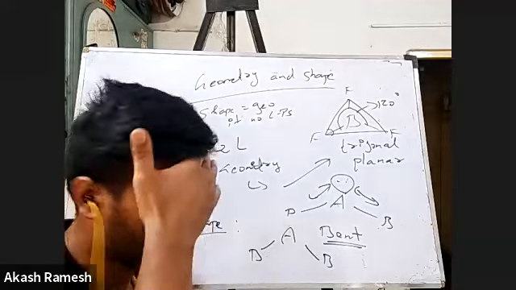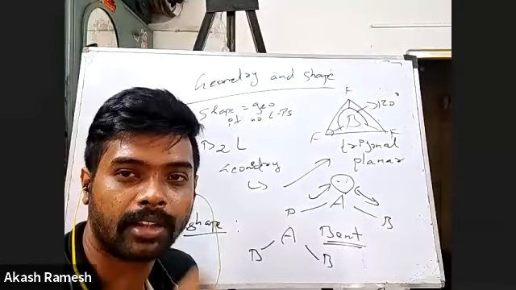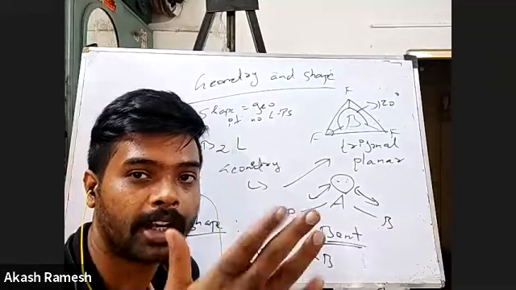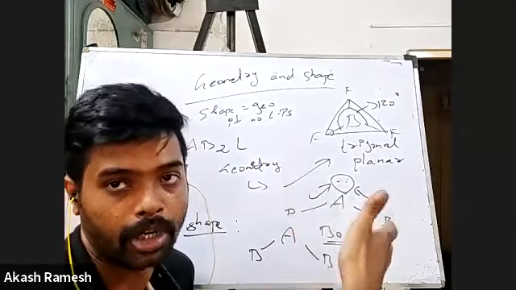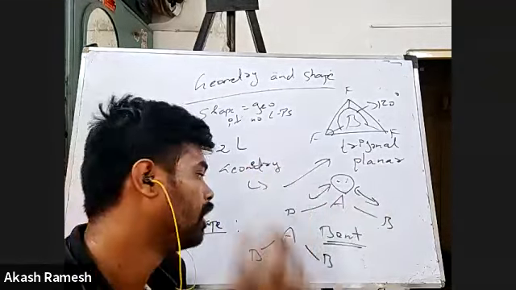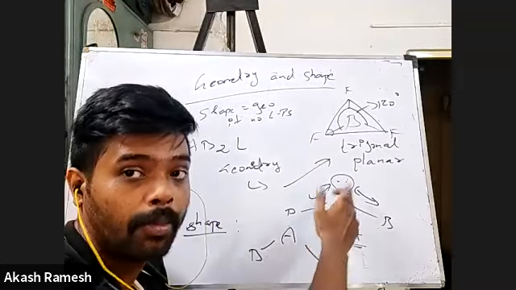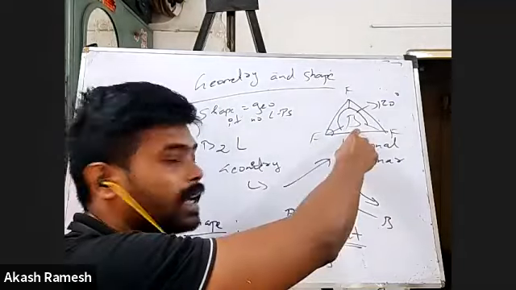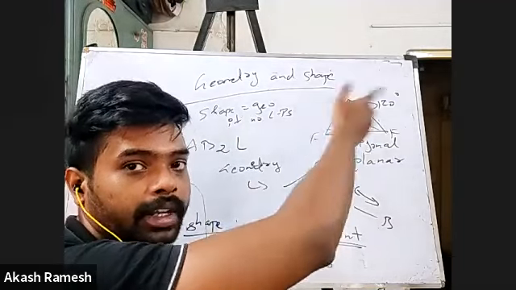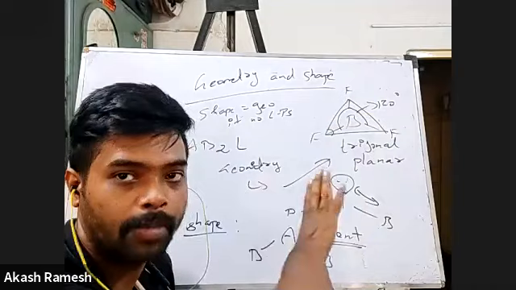Okay, don't worry, guys. You will understand the significance of the difference between geometry and shape when I go through more and more molecules. For now, if I have AB2L, I have lone pair bond pair repulsion, so it cannot be exactly 120 degrees apart.